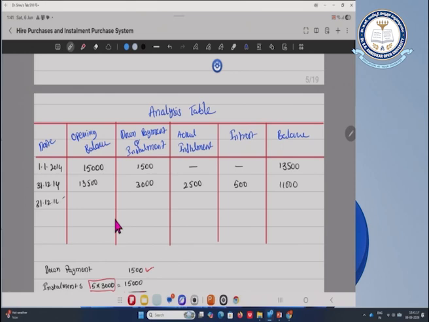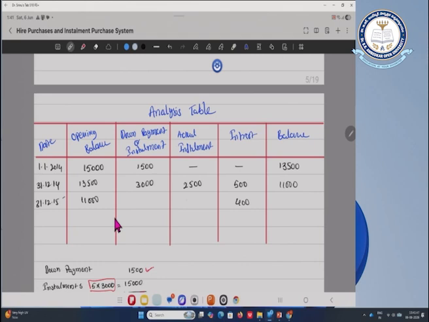So, next year, 31st December 2015. What is the amount? 11,000 is the balance. So, on 11,000 what is the interest rate? Interest rate not given, that is the reason we calculated the interest value. Already we know the interest value, 400 rupees.